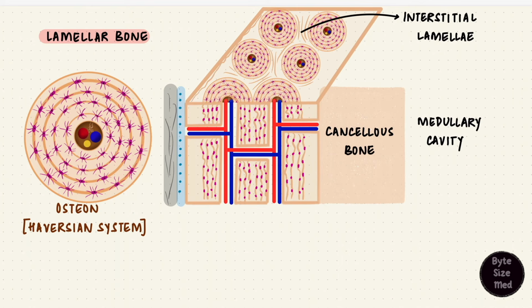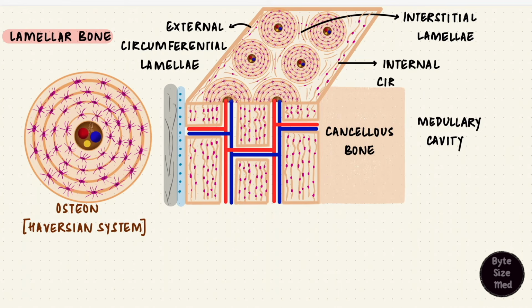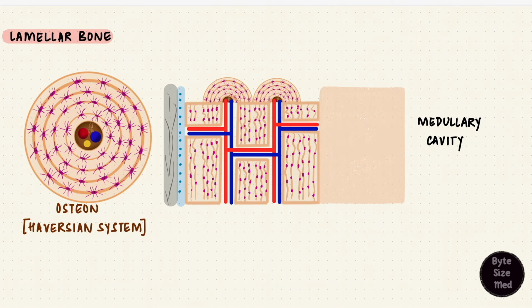Towards the periosteum, there are longitudinal lamellae called the external circumferential lamellae, external, outside. Similarly, towards the cancellous bone surface, which is going to be our next layer, are the internal circumferential lamellae. So there's external circumferential lamellae on the outer side, internal circumferential lamellae on the inner side, and the interstitial lamellae in between the osteons. And now we've reached cancellous bone.